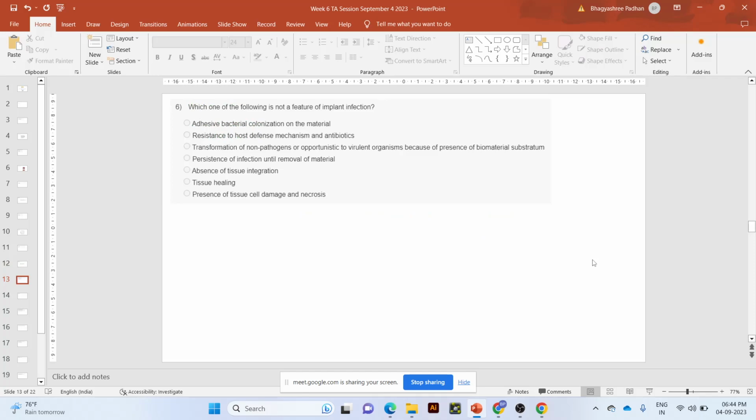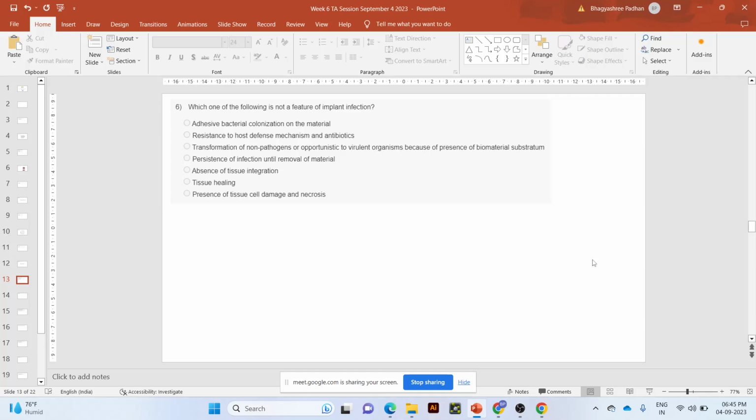Next question. Which of the following is not a feature of implant infection? Adhesive bacterial colonization on the material. This is correct. Resistant to host defense mechanism and antibiotics. Correct. Transformation of non-pathogens or opportunistic to virulent organisms because of presence of biomaterial substratum. Correct.